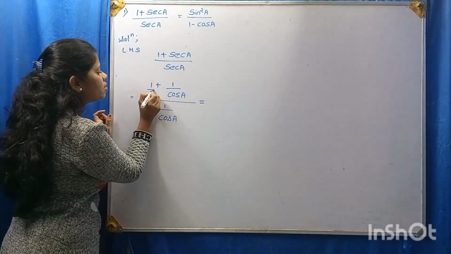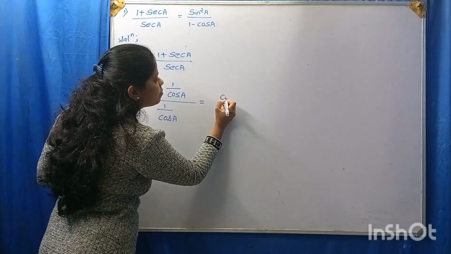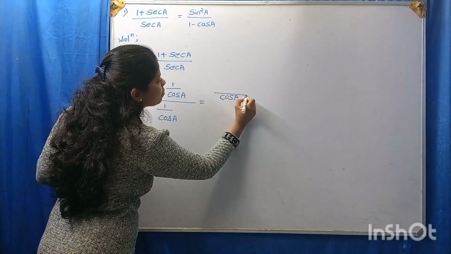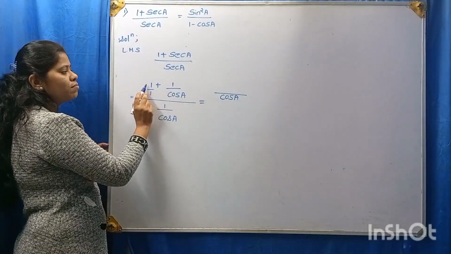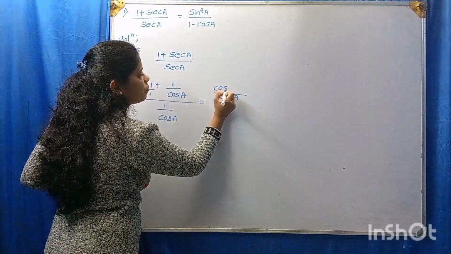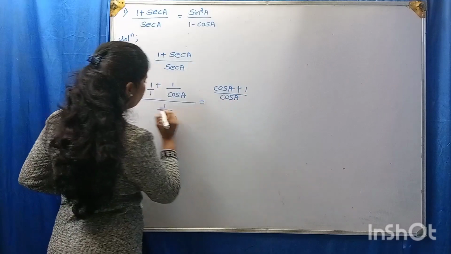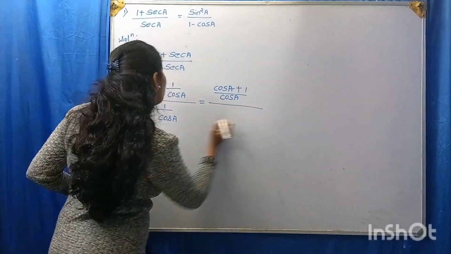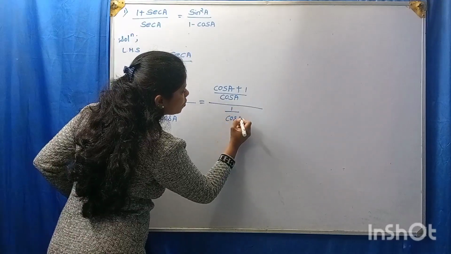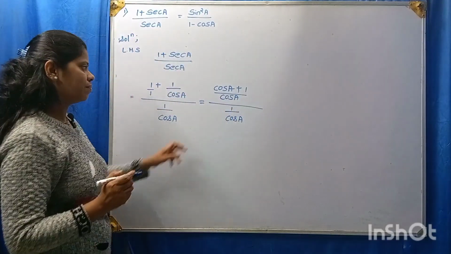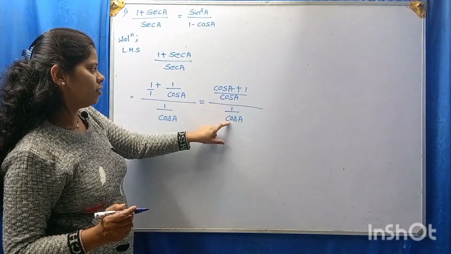Nothing is in the denominator, so it will become 1. 1 into cos A means the LCM is cos A. Since cos A is the LCM, here it will become cos A plus 1, whole divided by cos A, divided by 1 by cos A. See here, numerator, denominator.